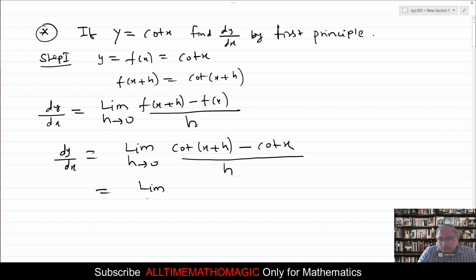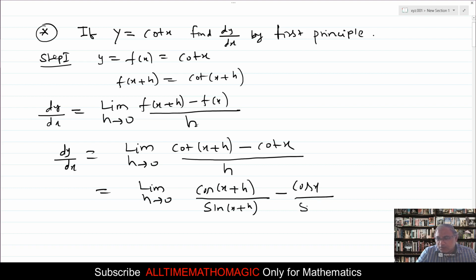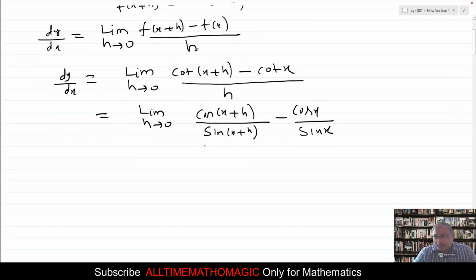Equals limit h tending to 0. Cot theta is nothing but cos theta upon sin theta. Therefore cos of x plus h upon sin of x plus h minus cos x upon sin x, upon h.